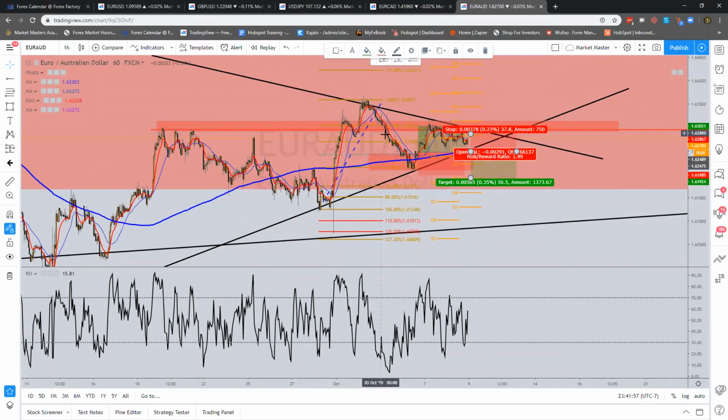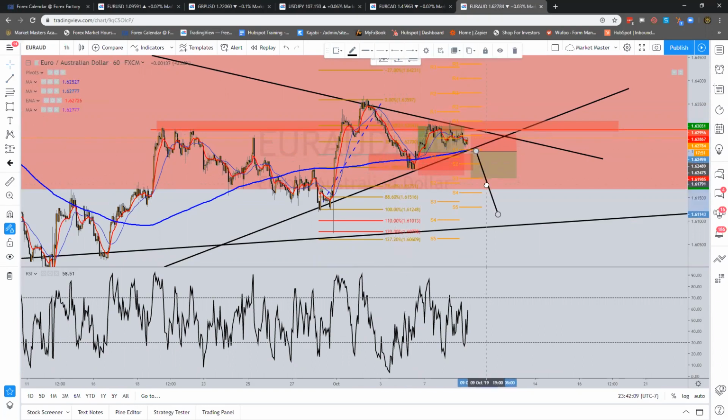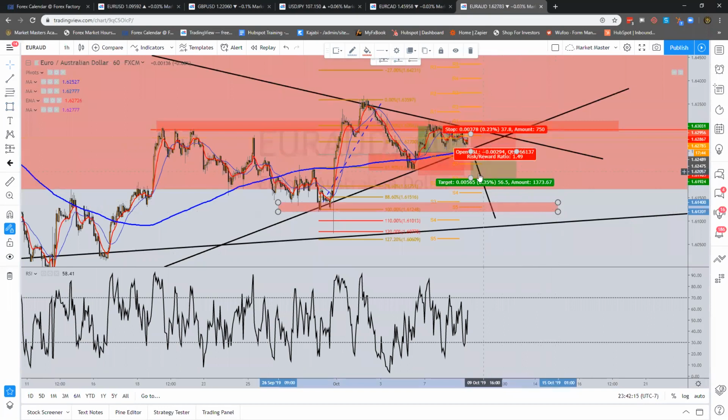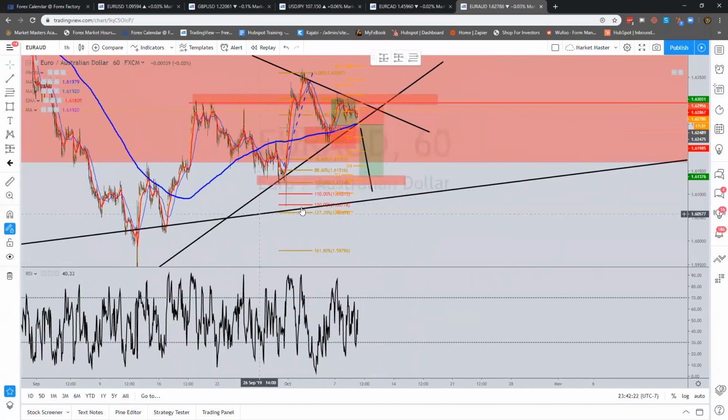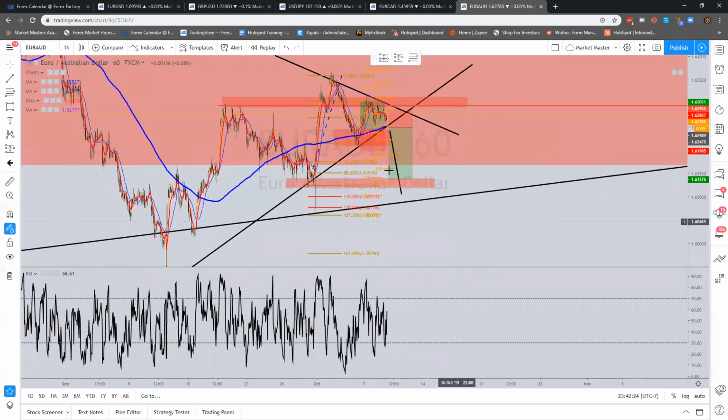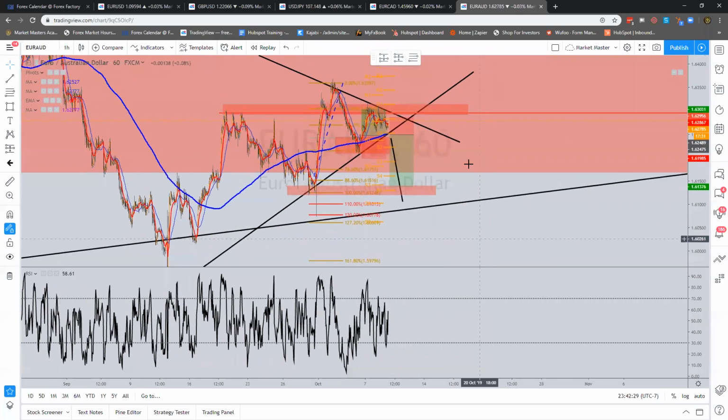Even if I was to count this one as a wedge area right there, I'll get this high, this low. So I'd most likely target this support area down here for the take profit, which is pretty good because it's even before it hits this support on this trend line. Already broke through, already hit resistance. It's expected to drop down overall.